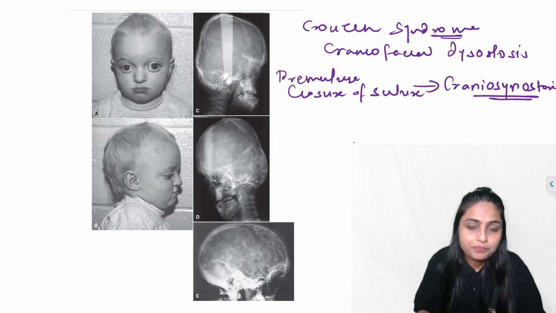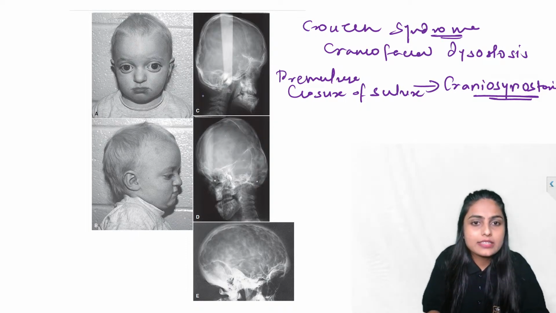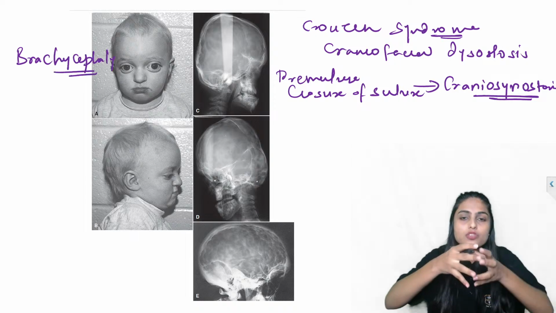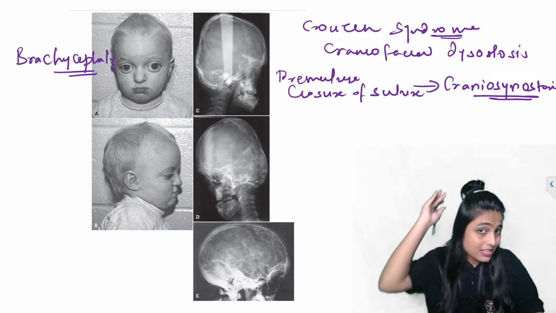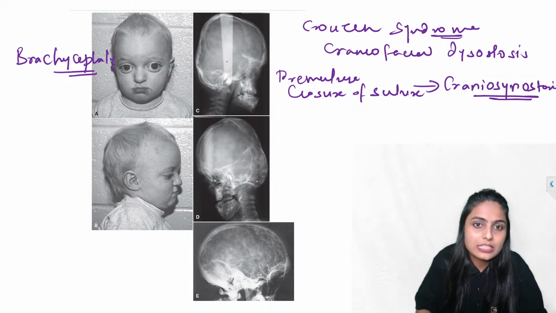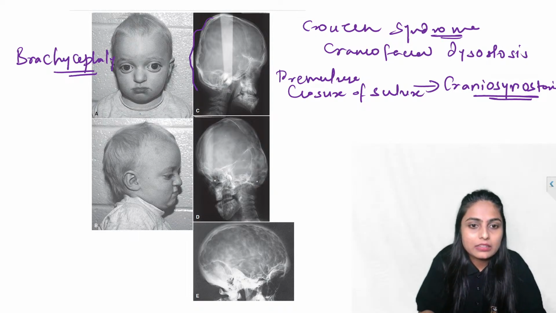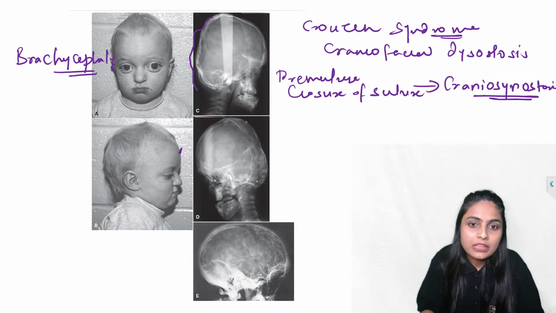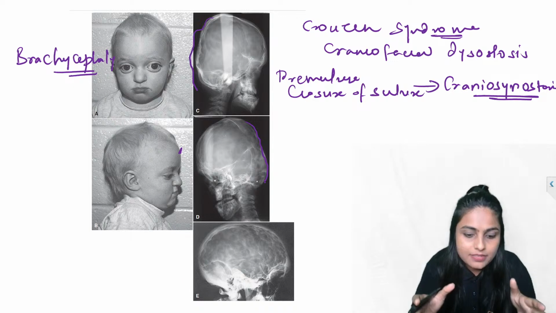Now, in this condition, as you can see in this radiograph also, we will see one feature known as brachycephaly. What is brachycephaly? The dimensions of the skull reduce. There is a flattening at the occlusal aspect, as you can appreciate in the radiograph and in the clinical picture of the patient also, right? The flattening of occlusal aspect is seen, that is called brachycephaly.